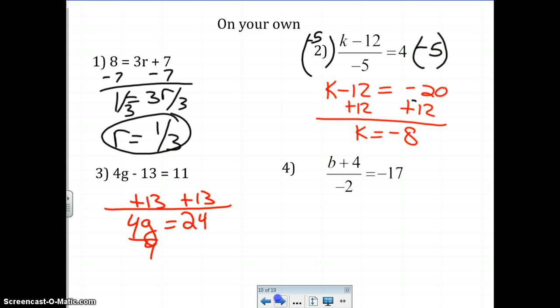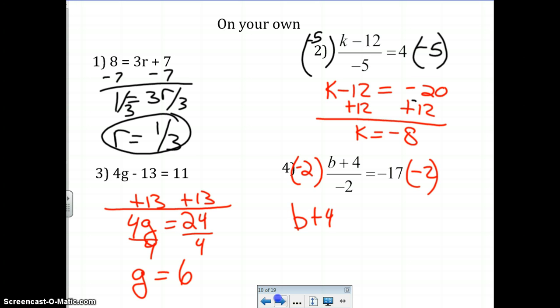Go ahead and divide by 4, divide by 4. g equals 6. In this particular one, I need to multiply by -2 first. So b plus 4 equals, negative times negative gives us positive 34. Subtract 4, subtract 4. b equals 30.